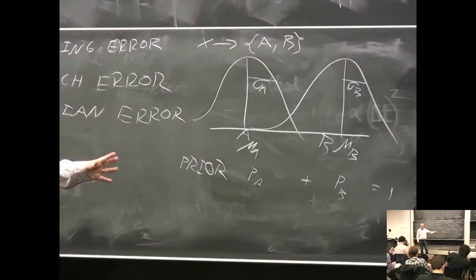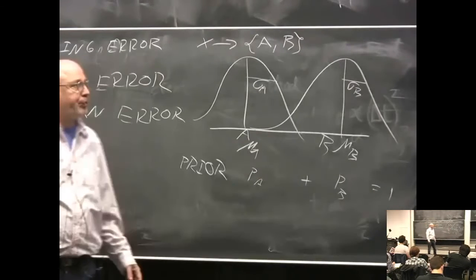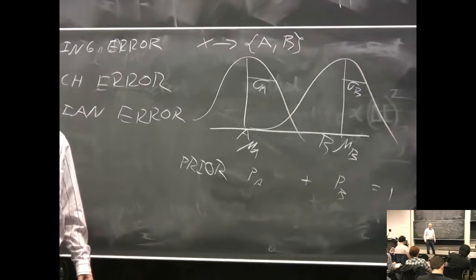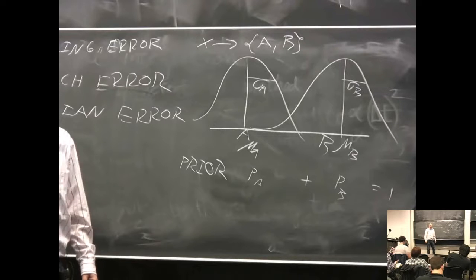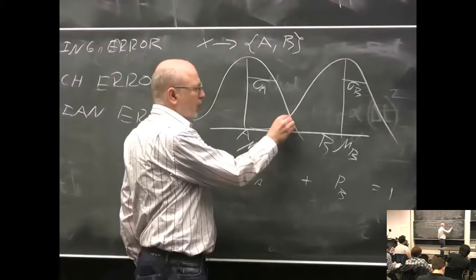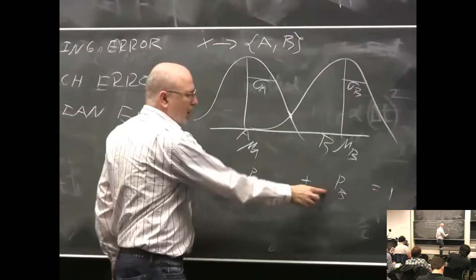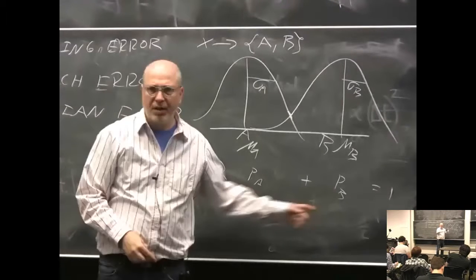In the case where I know all the parameters and I know they're correct, I would still make mistakes occasionally. When will I make a mistake? Well, Bayesian decision theory tells us that we should look at where these two cross if P of A and P of B are 50-50. If they're not 50-50, you would need to scale it.